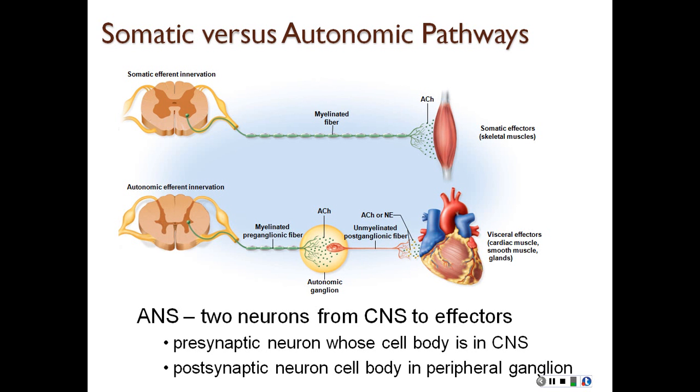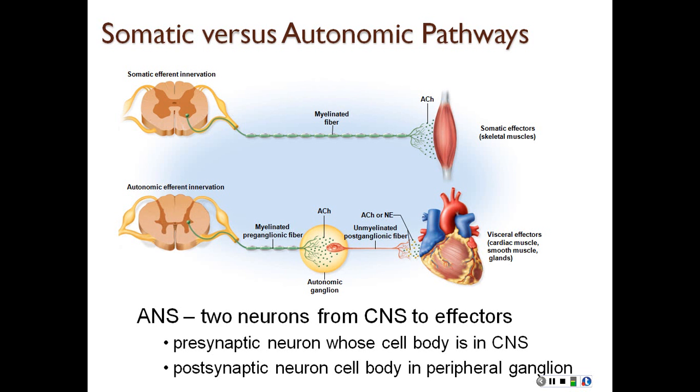In the somatic motor division, there was only one neuron taking the signal from the spinal cord out to the skeletal muscle. In the autonomic nervous system, there are going to be two motor neurons involved in getting the signal from the CNS out to an effector. So one thing to remember, the autonomic nervous system has two motor neurons that are necessary to get the signal from the CNS to the effector.